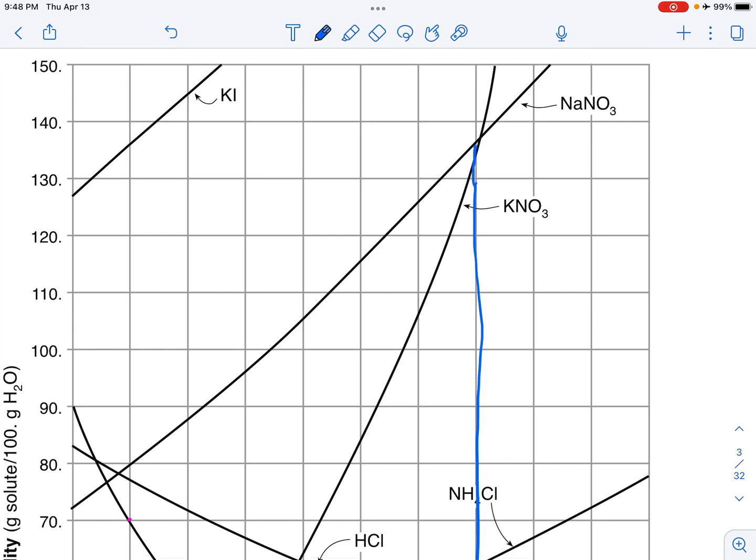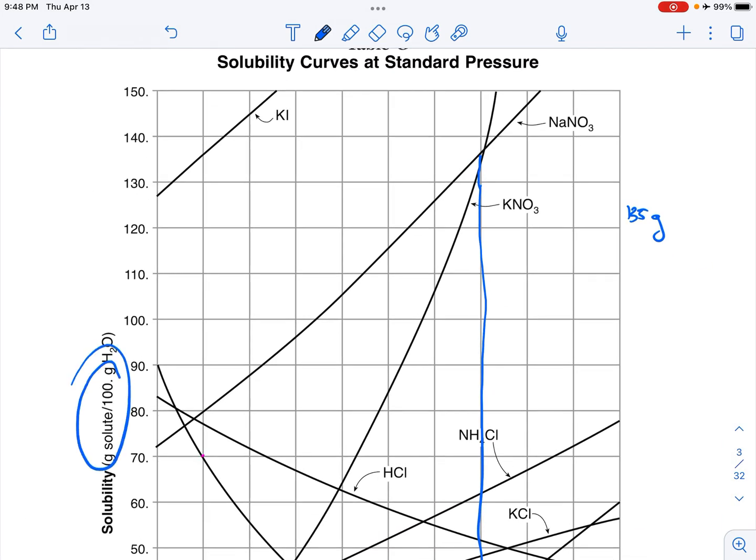That's like 135 grams. But be careful, it says in 100 grams of water. So if it wants 200 grams of water, we need to multiply it by 2. So 135 times 2.